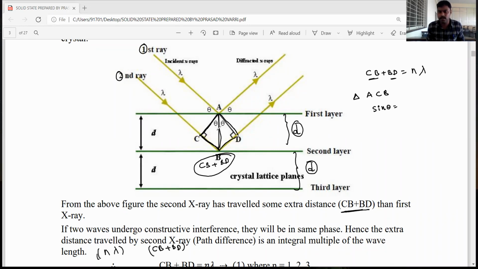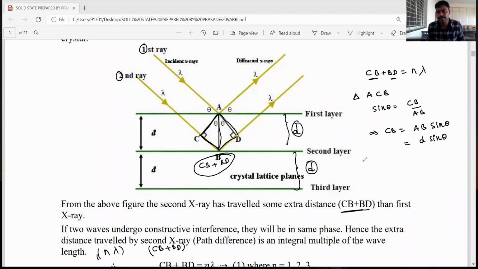Opposite is CB, and the hypotenuse is AB. We know AB is the interplanar distance, with value d. From this, CB equals AB sine theta, which is d sine theta.